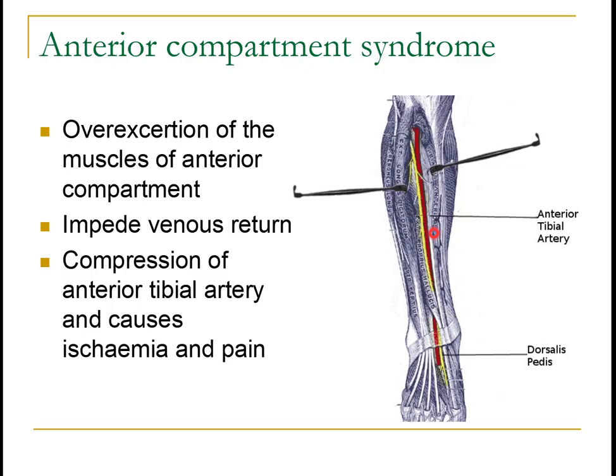So first there is an overexertion of muscles of the anterior compartment. This results in decreased venous return, and in turn there is a compression of the anterior tibial artery causing ischemia and pain.